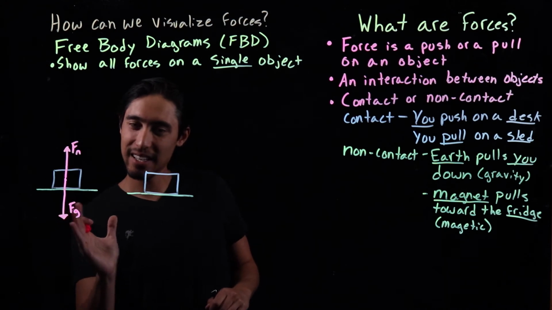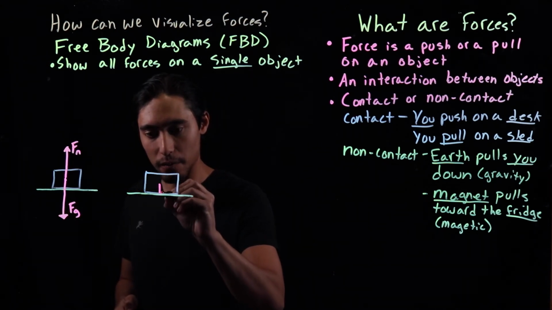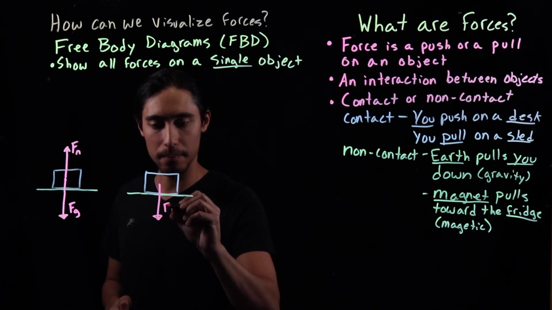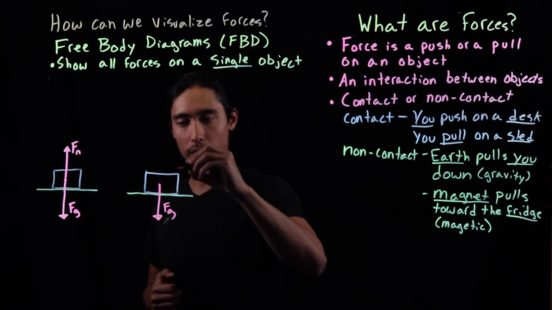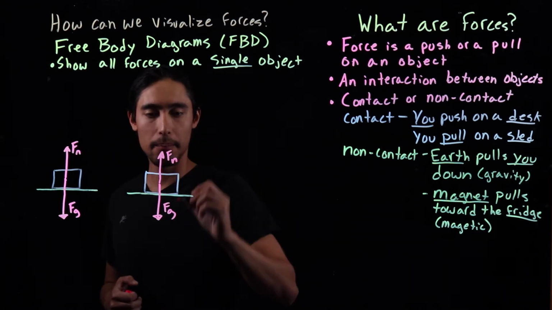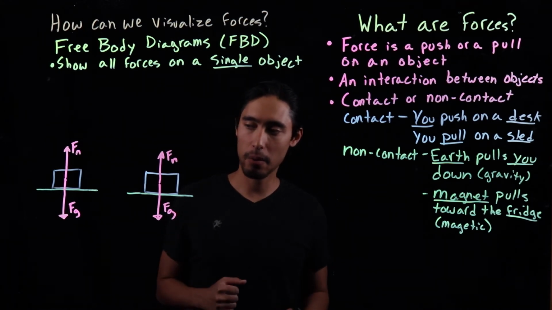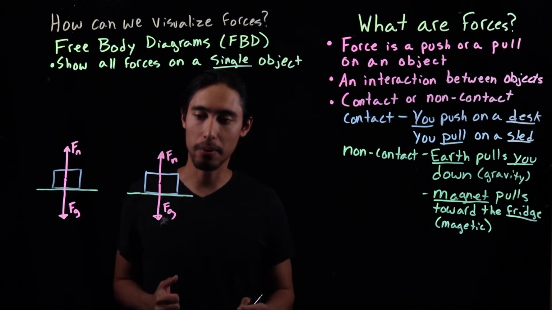So let's add some more forces here. We have our sled again, and we still have that force of gravity, and that normal force is still pushing back up on our sled. But now it's time to go sledding. We need to drag the sled to the top of the hill. So we have a rope attached to the sled, and we start pulling on it.